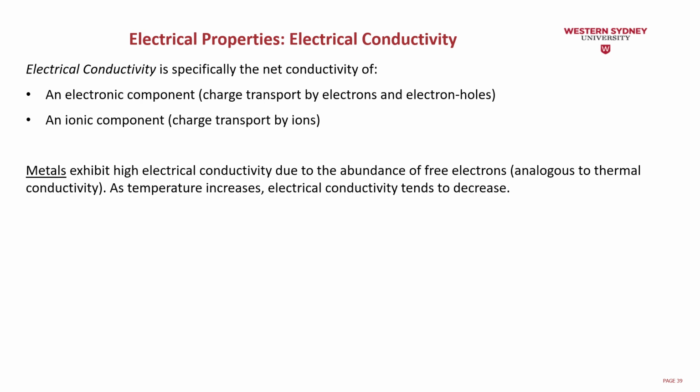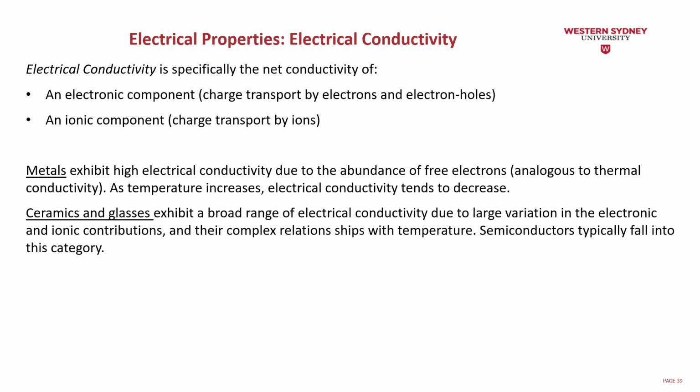The metals exhibit a high electrical conductivity due to the abundance of the free electrons. As the temperature increases, the electrical conductivity will tend to decrease. The ceramics and the glasses exhibit a broad range of the electrical conductivity due to large variations in the electronic and ionic contributions, and their complex relations shift with the temperatures.